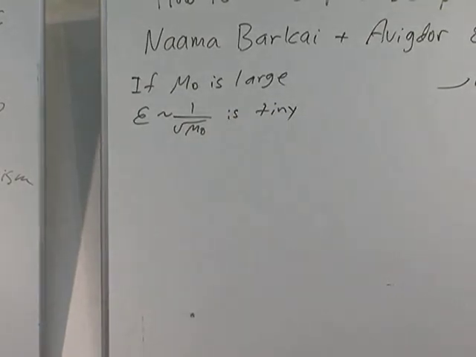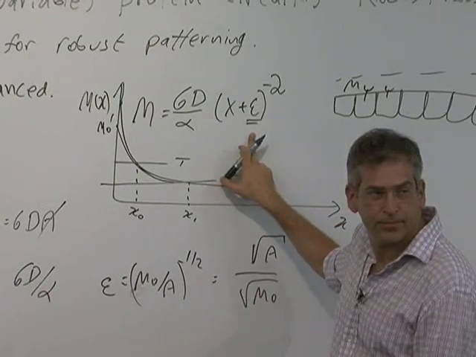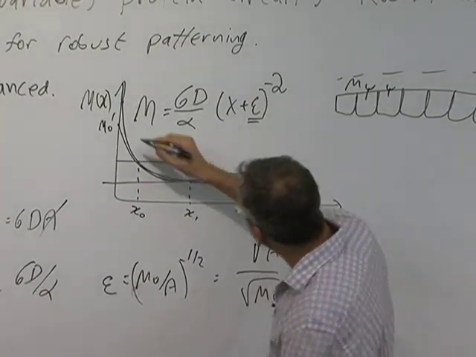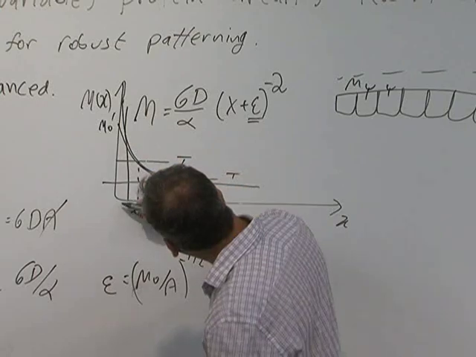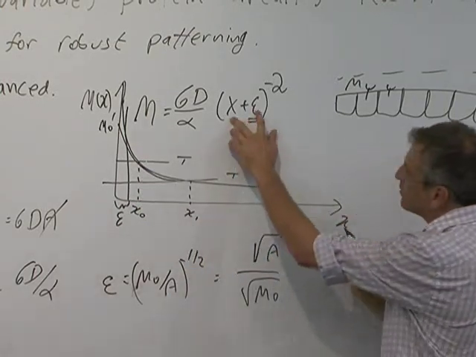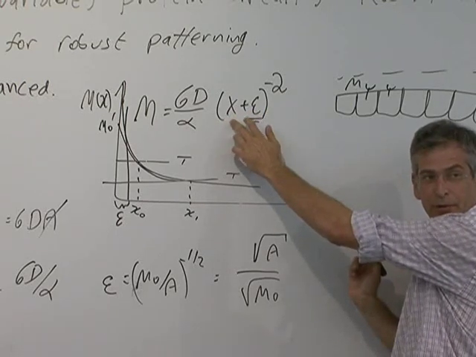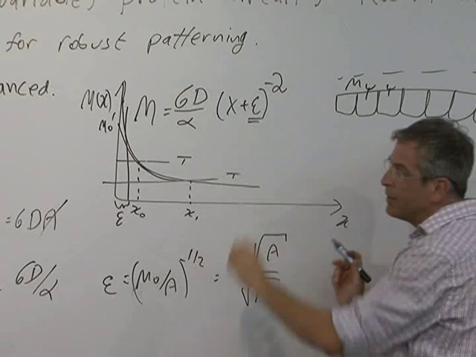So this epsilon is very small. Except for a very small region here, which is about epsilon, for x's that are very small, we can't neglect epsilon. But when x is big compared to epsilon, we can neglect epsilon.